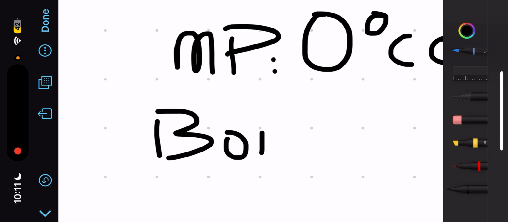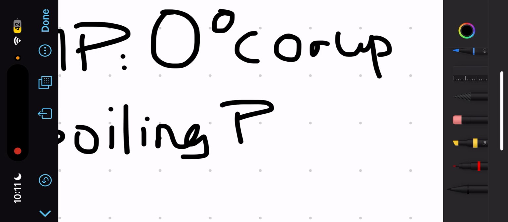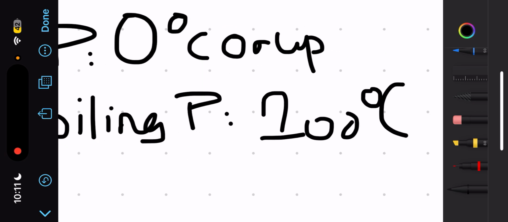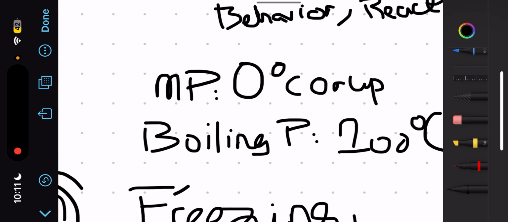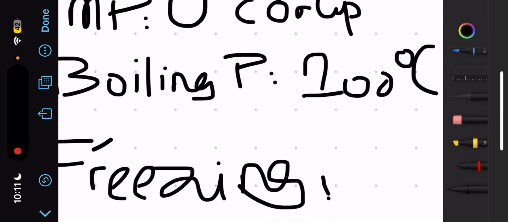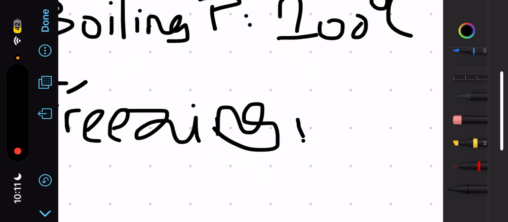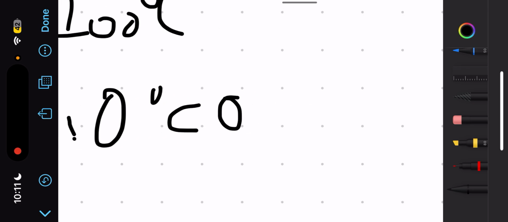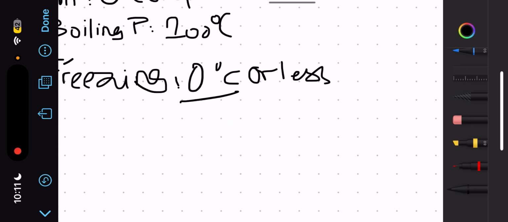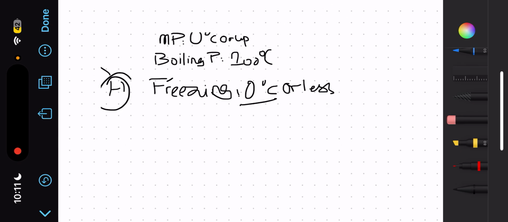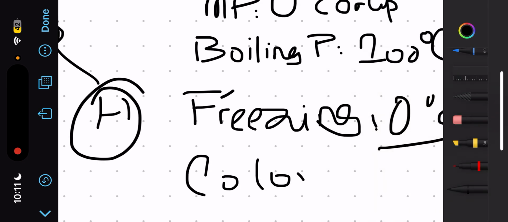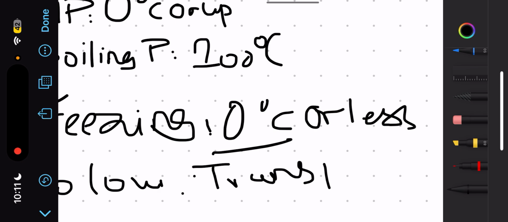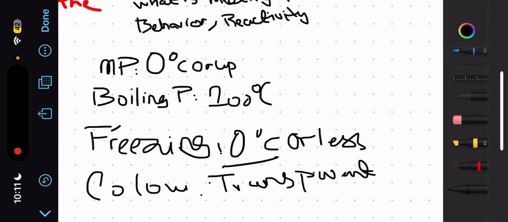Sorry, that was my mistake. It starts from 0 degree and forms ice. Then the boiling point of it is 100 degree. And the color of water is transparent.